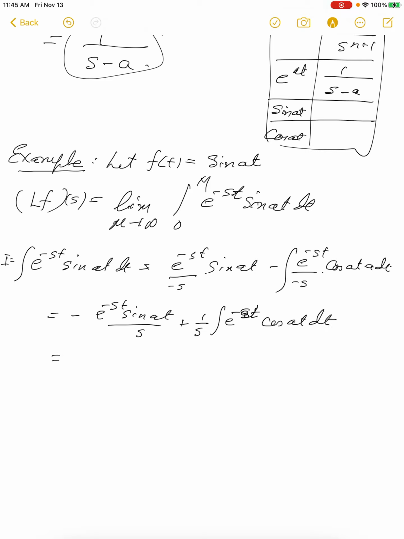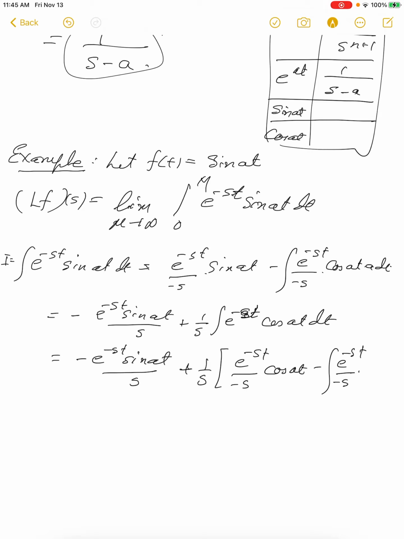So I integrate again by parts. So what do we get? 1 over s, the integral of e^(-st) is e^(-st) by minus s times cos(at), minus the integral of e^(-st) by minus s, and the derivative of cos. I forgot this a. So the derivative of cos(at) will be minus sin(at) times a.